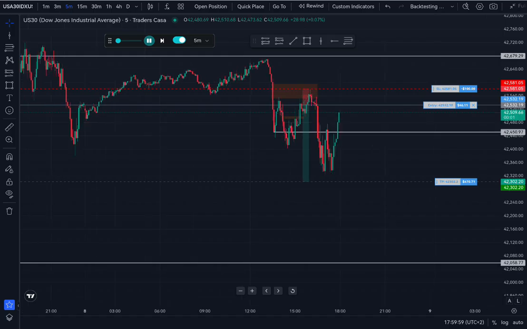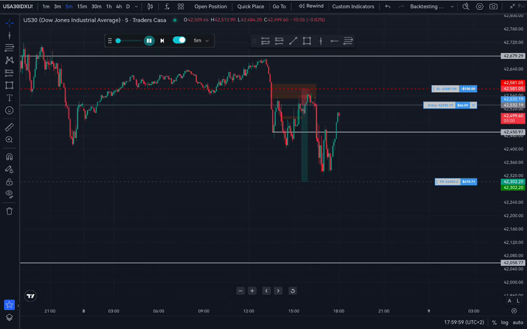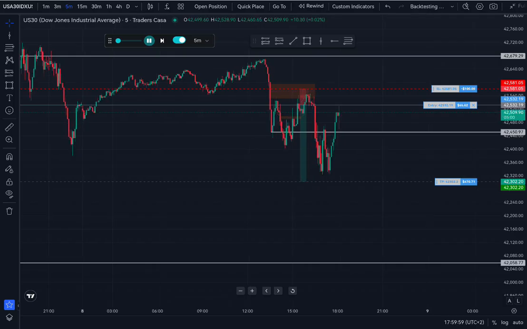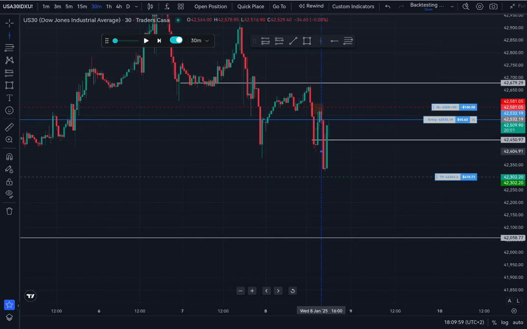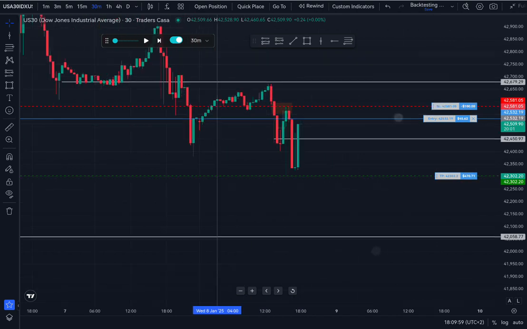This is not going right. I was supposed to be out of the trade by, what time is it? The moment price took out this low right there, I was supposed to be out of the trade way before this whole thing started pushing back up. And this thing of me saying this doesn't count, it counts.